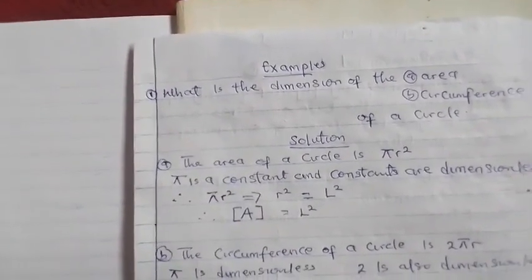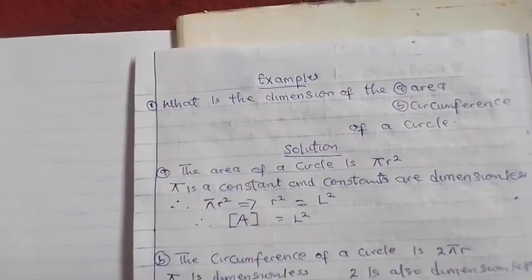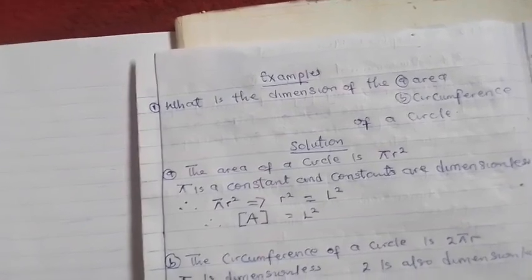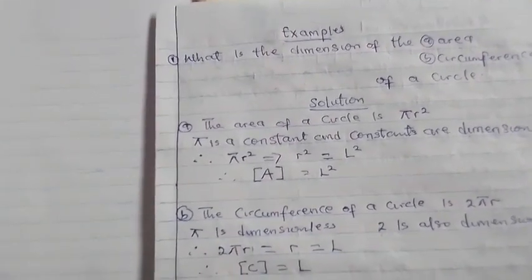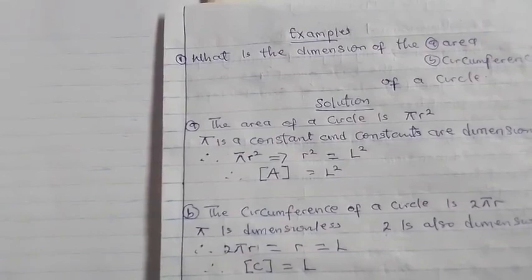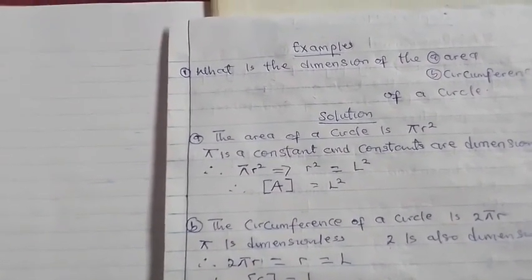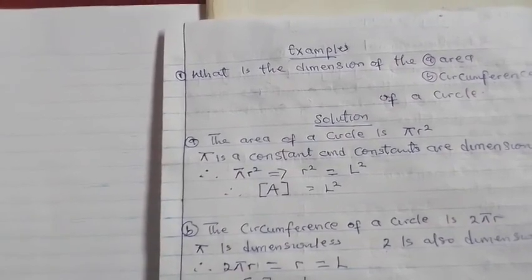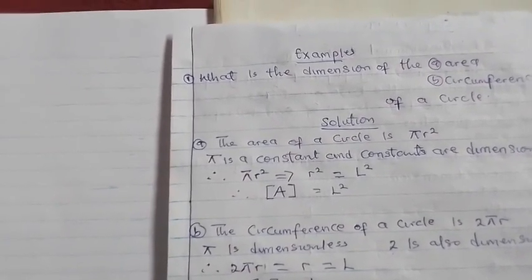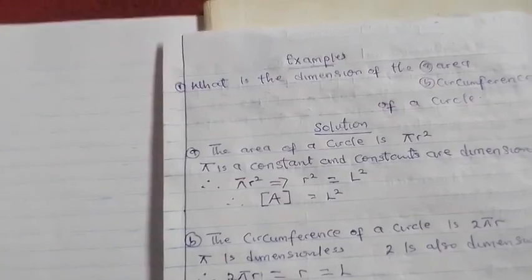Now let's look at some brief examples. What is the dimension of A, the area, and B, the circumference of a circle? Number 1, the area of a circle is pi r square. Pi is dimensionless because pi is a constant number, 3.142.